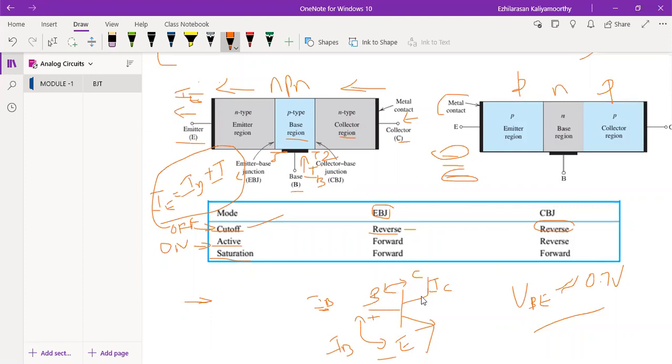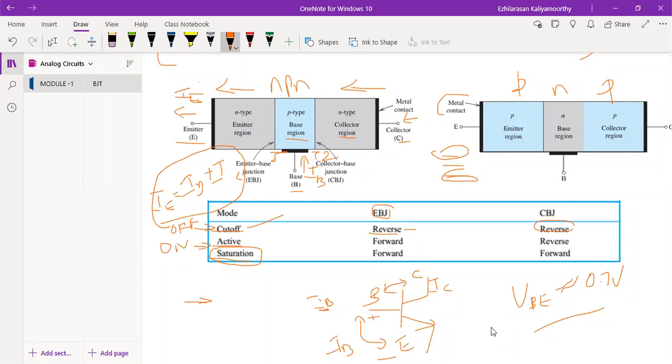Now, if both the junctions are in forward bias, then the device will enter into the saturation region. There will be a question: when will the BJT act as an amplifier?